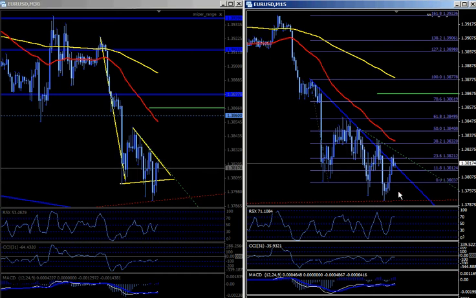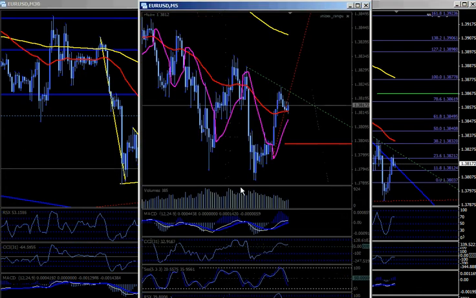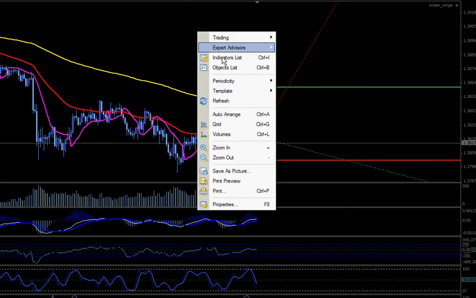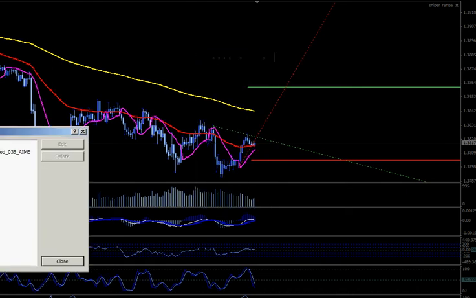This will probably be short. We can see it a lot better on the 5-minute chart. Let me bring that up here.